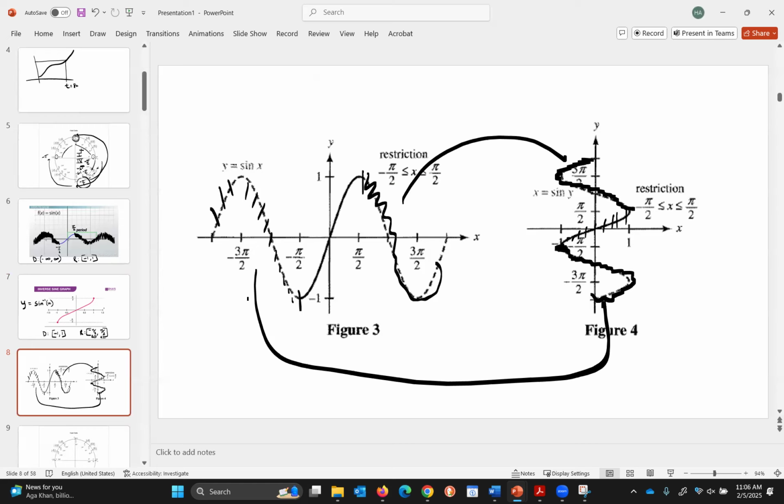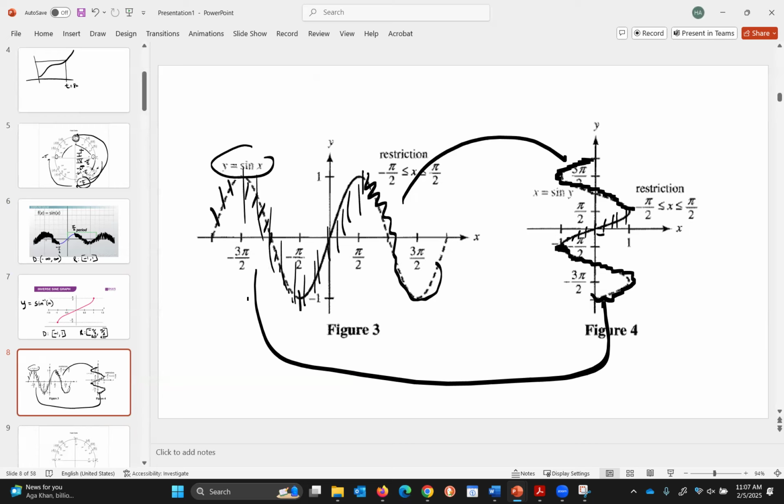Can you just flip it and use that to get into quadrants 2 and 3? Without chopping, this is a function, because it passes the vertical line test.